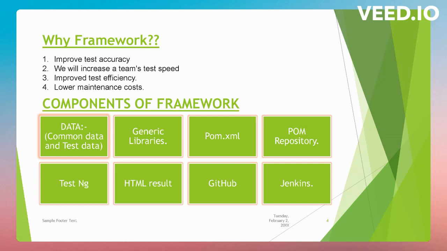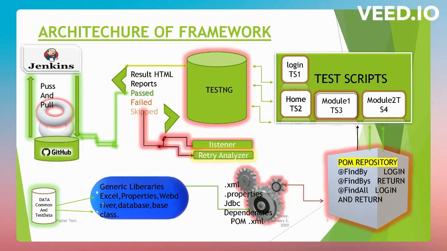So, what is the architecture of this framework? There are many things in our framework. The stages start with designing the framework, which is the responsibility of an experienced member.